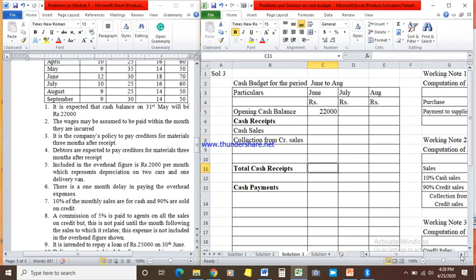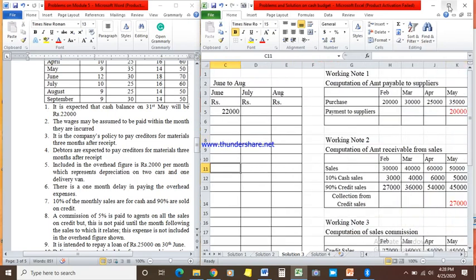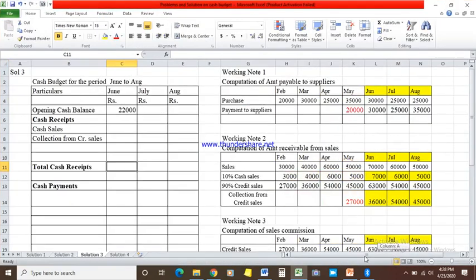There is no sale of any asset. On account of cash sales: 7,000, 6,000, 5,000. Collection from credit sales: 36,000, 54,000, 45,000. So these are the only items of cash receipts.